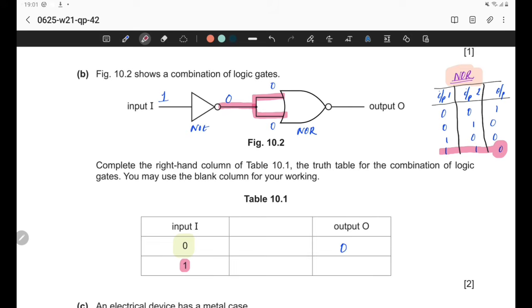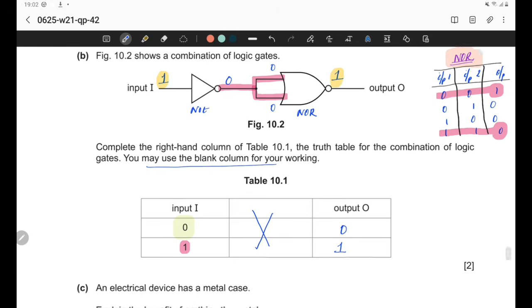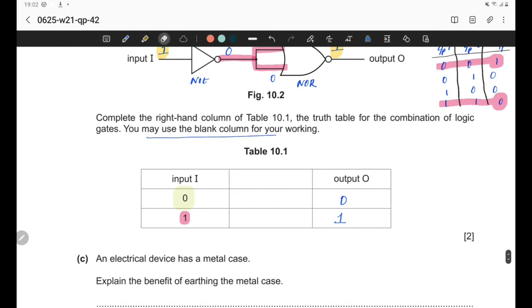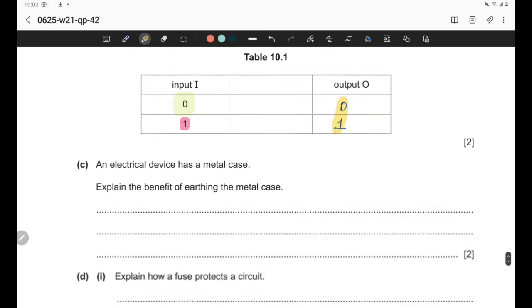When the input is 0, 0, the output is 1. Therefore when the input is 1, the output will be 1. It is not compulsory to use the blank column because it's mentioned you may use the blank column. So if you write this answer at the output, you will get 2 marks.